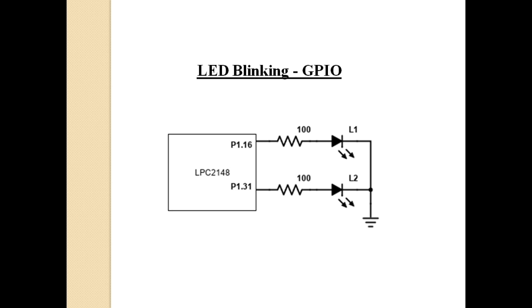So 16 pins I have connected from P1.16 to P1.31 through 100 ohm resistance. So you are going to write a program for blinking of these 16 LEDs connected to port 1.